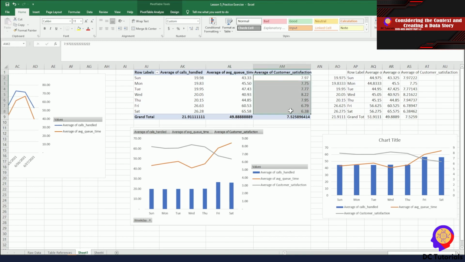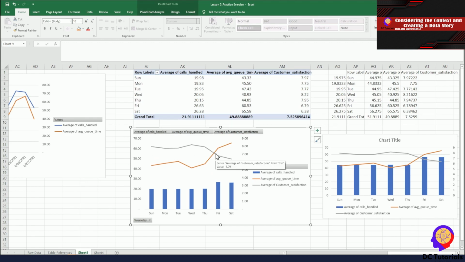And then we have added customer satisfaction here, and this is the chart for that. We can see here that the customer satisfaction on Fridays and Saturdays are relatively lower as well when your queue time is higher.